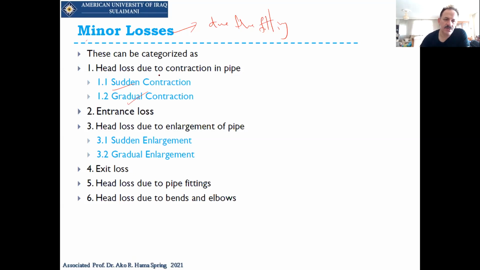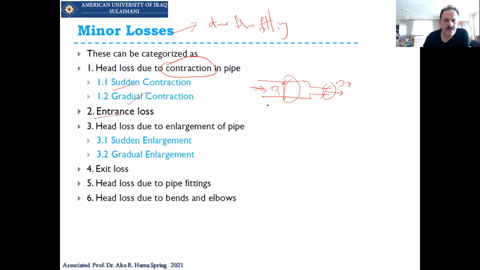Contraction means that we have a greater diameter and it contracts, so we have D1 and D2. The flow is going from this way to that way, so the diameter is suddenly or gradually contracted.